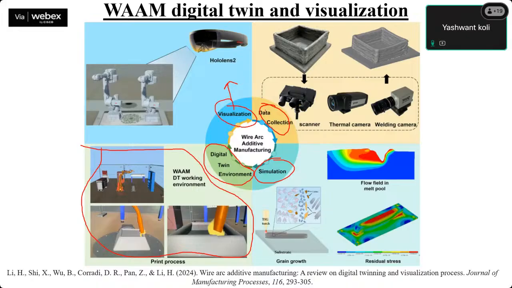But after fabrication, with the real time data sets and the mechanical strength, if we want to calculate the strength, wear data, corrosion data, so these things, if we are calculating and optimizing the process parameters on the basis of that output.